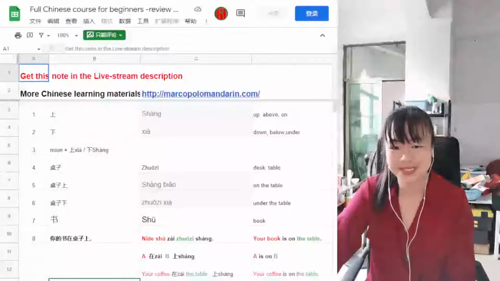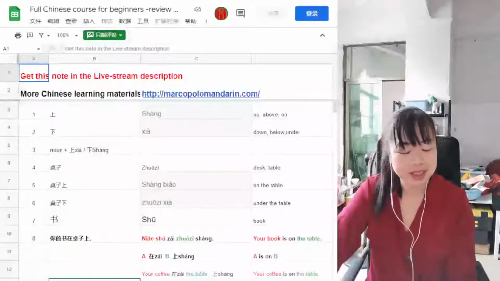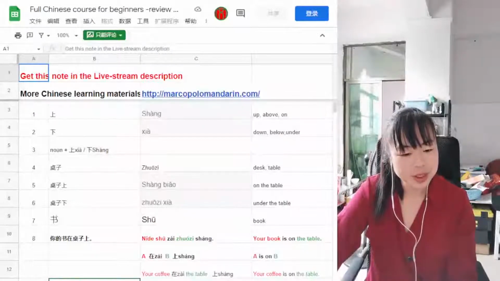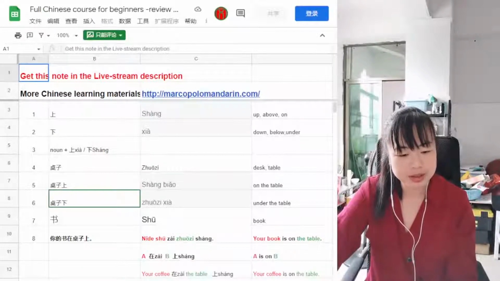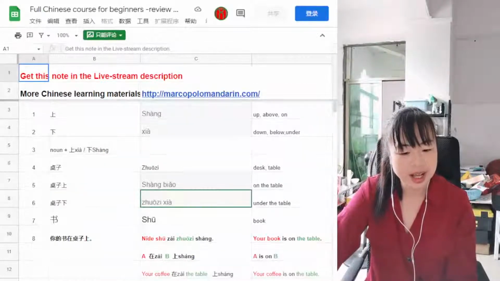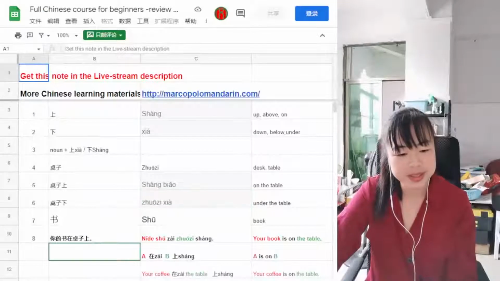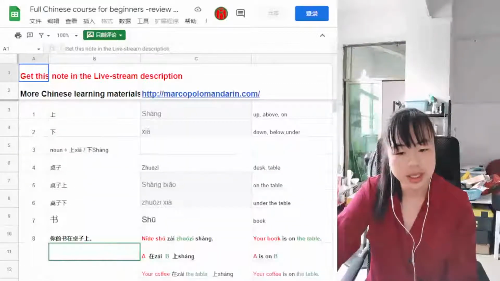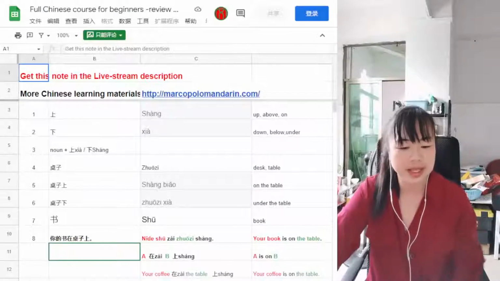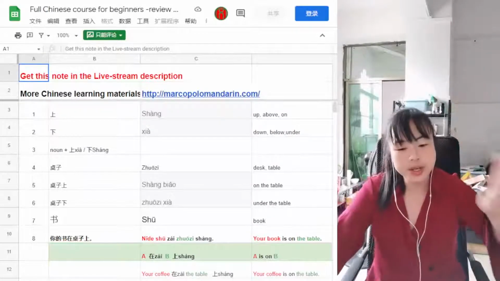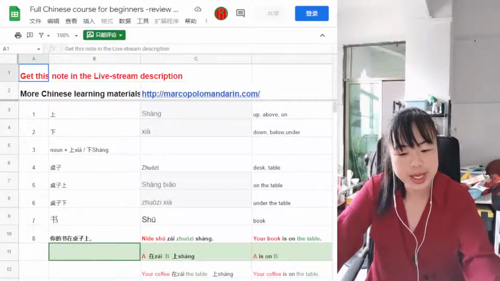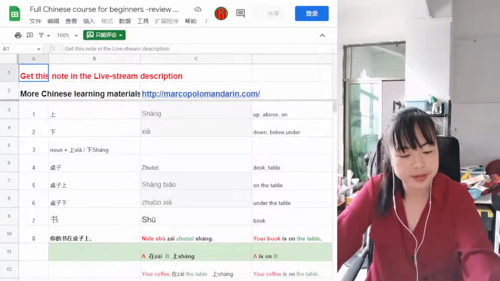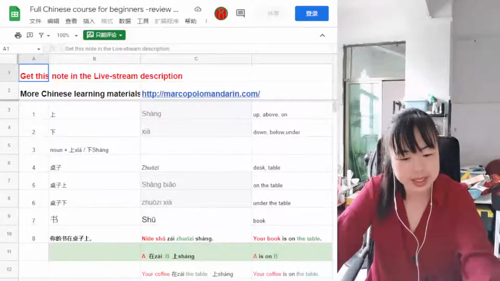Got it. Okay. So just now we also mentioned 下, right? This is the pattern. Let's highlight with light green. According to this pattern, we can also get another pattern for 下 because it's exactly the same, right?